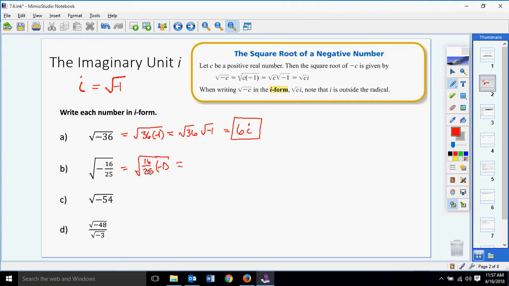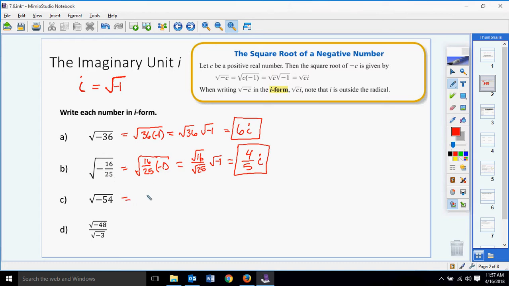I have a division problem here, so I can rewrite this as the square root of 16 over the square root of 25, times the square root of -1. I'm going to give the square root to everything underneath the radical. The square root of 16 is 4, the square root of 25 is 5, and the square root of -1 is i. So 4/5 i is the imaginary form for the radical in part B.